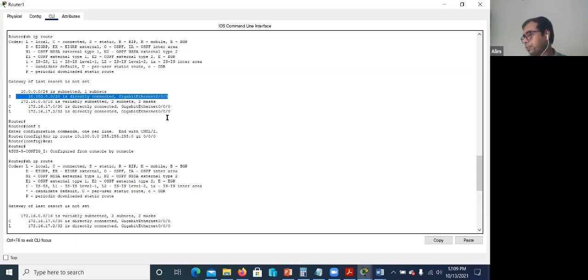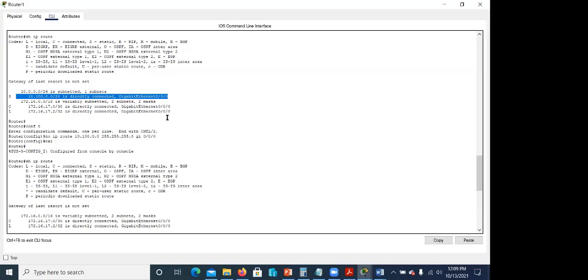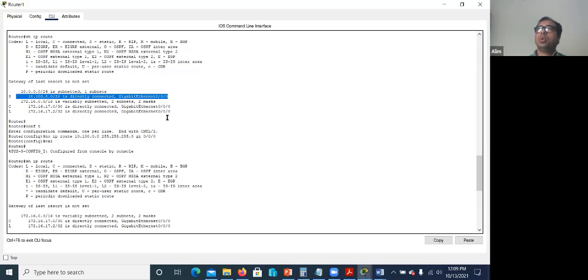Are you clear? Yes, sir. So in the first one, through the exit interface, even if the ISP router changes its IP address, we can still reach it, right? Yeah. If for some reason the point-to-point IP address is changed, that will not hamper your static route.